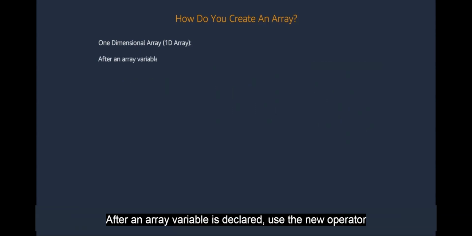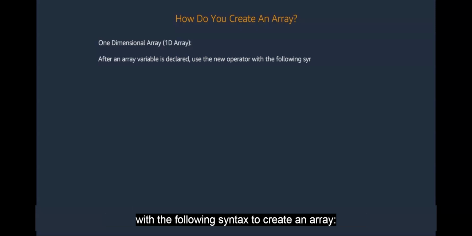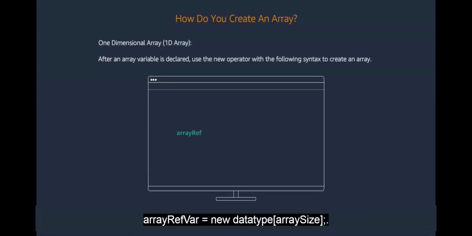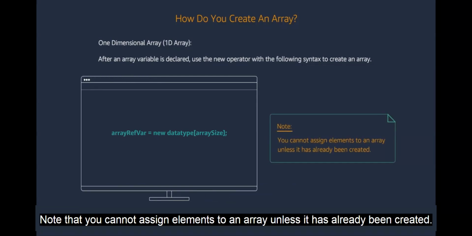After an array variable is declared, use the new operator with the following syntax to create an array. Array ref var equals new data type, open bracket, array size, close bracket, semicolon. Note that you cannot assign elements to an array unless it has already been created.